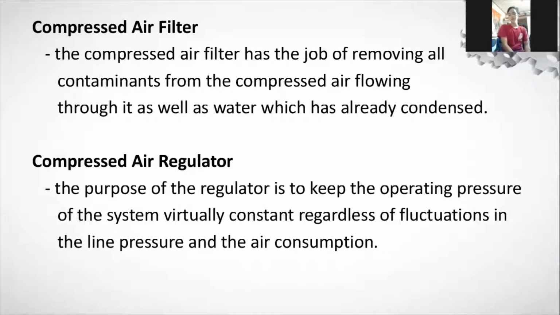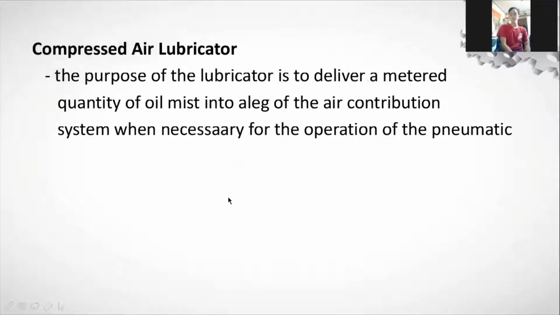So, ibig sabihin, kailangan is balance lang yung air na ilalabas ng regulator. Kailangan na regulated siya bago niya ilabas papunta ng lubricator. So, may spring adjusting screw tayo na ginagamit para ma-maintain at saka ma-regulate yung air. So, pagkatapos nun, pupunta na siya sa lubricator.